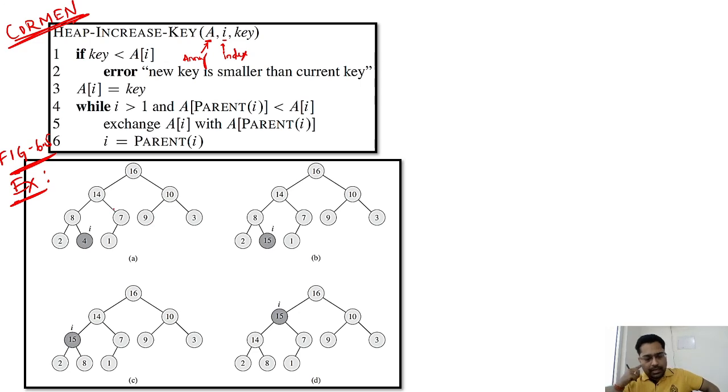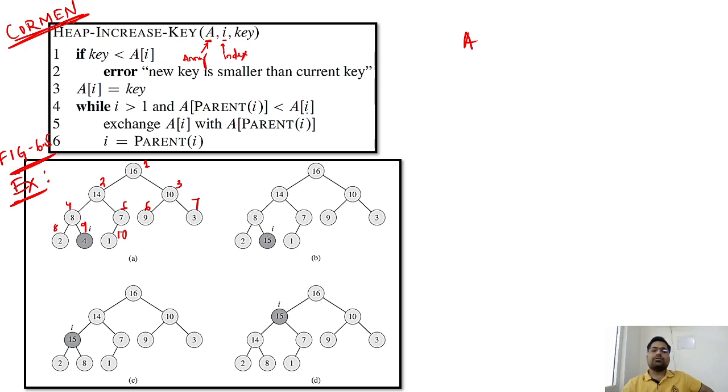So what has to be done, like what type of question is generally asked in the exam: run the heap increase key where the indices are 1, 2, 3, 4, 5, 6, 7, this is 8, this is 9, this is 10. Okay, as per the index I'm just saying, these are the indices.